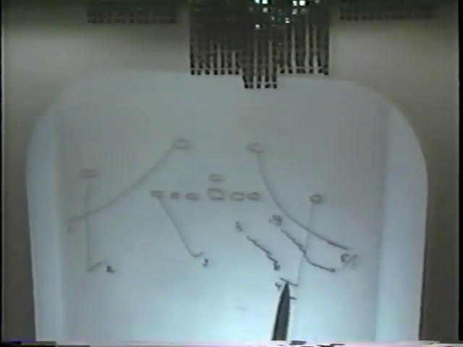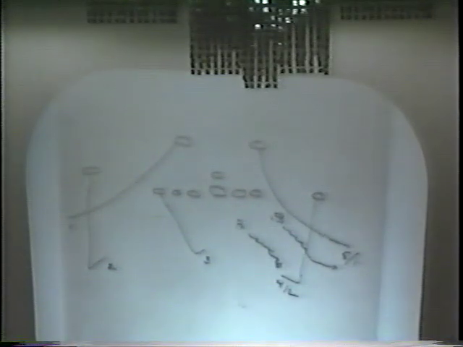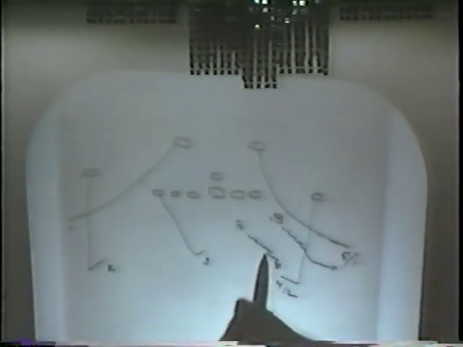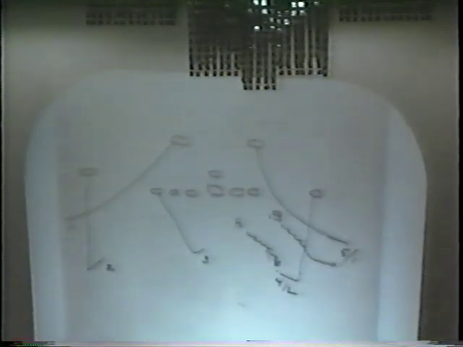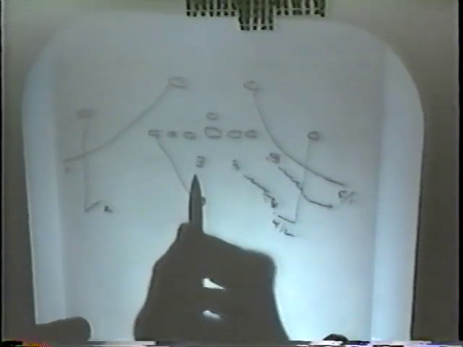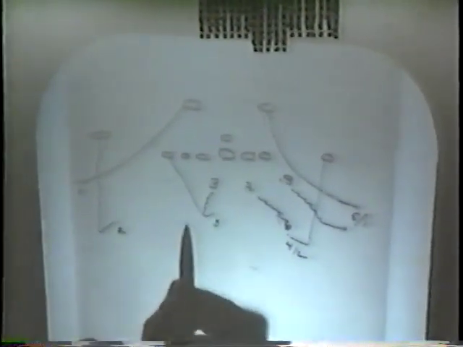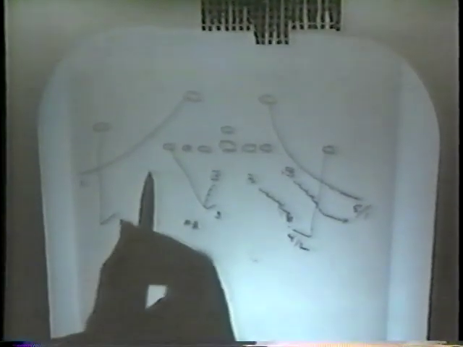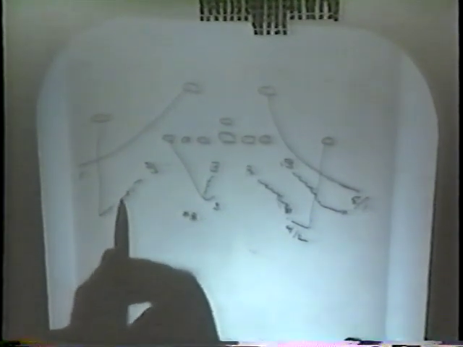This guy always relates to 2 after the pattern distribution, so he would actually expand to play this guy inside out. If we were playing 3 deep zone, whoever drops over here that had the front side hook would take 3, and the strong safety would take and match 2, and don't let 1 catch the ball and run with it outside of you.